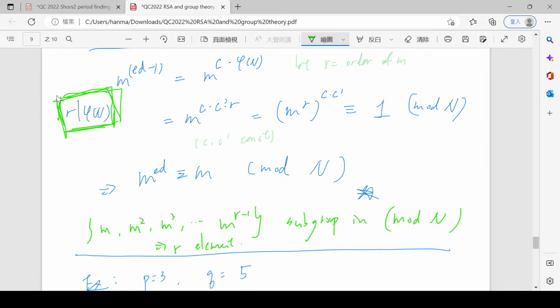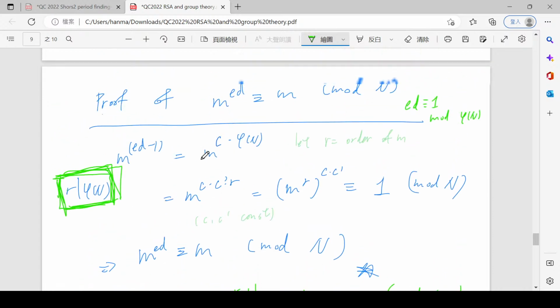By our group theory result, we know the order of a subgroup must divide the order of the whole group. So R must divide phi n. That's the important part here. And then once we have this, we are basically done.